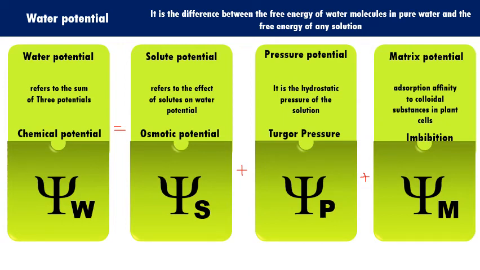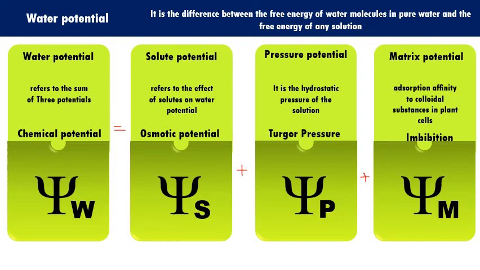Among them there will be substances which are not soluble in water, but they show adsorption affinity and form colloidal substances. This is also called imbibition, and this is called matrix potential. But generally matrix potential is very negligible in plant cells under terrestrial physiological conditions, whereas OP or solute potential and pressure potential play a very important role in governing the water potential.